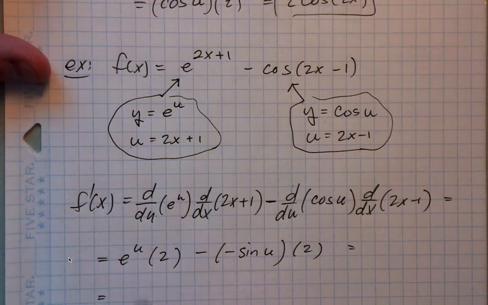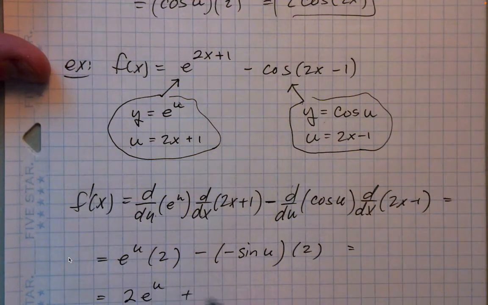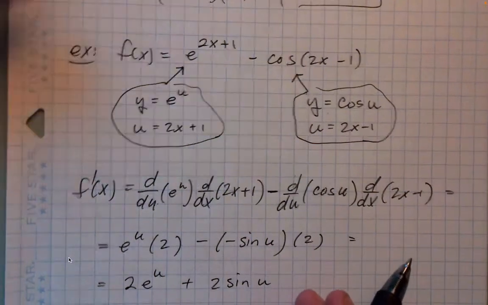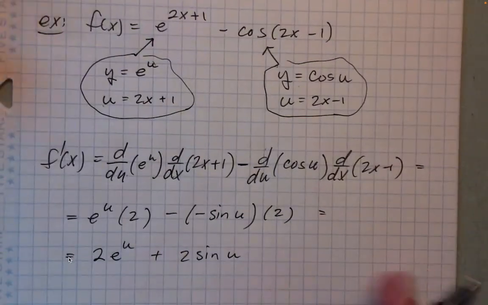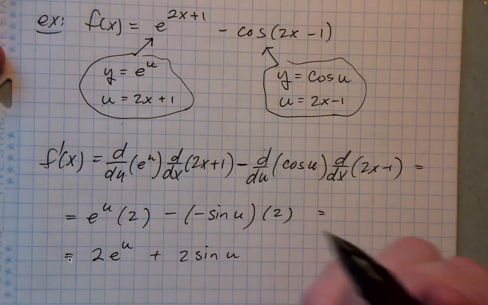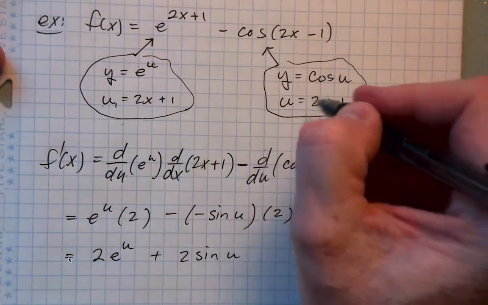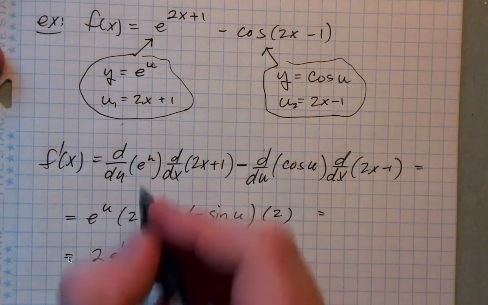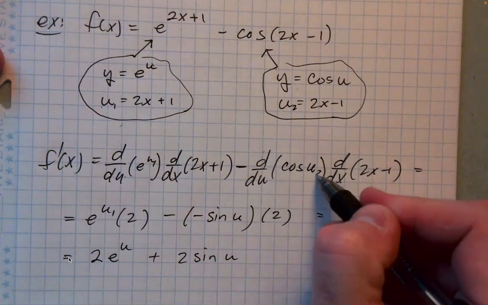Okay, so the structure altogether is 2e to the u plus 2 sine of u. Now, some care needs to be taken here because you've got u, and which u are you talking about? So maybe it's a good idea to label these as u1, u2. You can do that if you want to. Right, so this would be u1 and u1, and this would be u2 and u2.